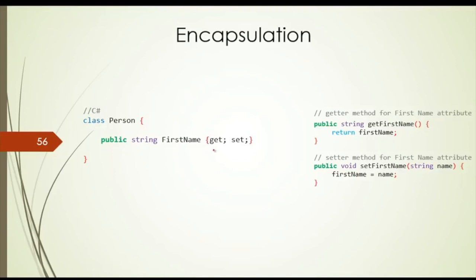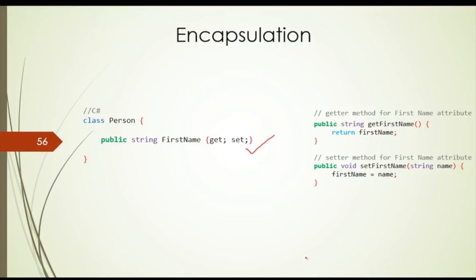The get and set implicitly means that we have a method named getFirstName, which is really returning the first name, and the set here is really going to set the first name from the name string that is passed in the parameter. So simple getters and setters are implemented in just one line in C#. That's really very elegant, I think.